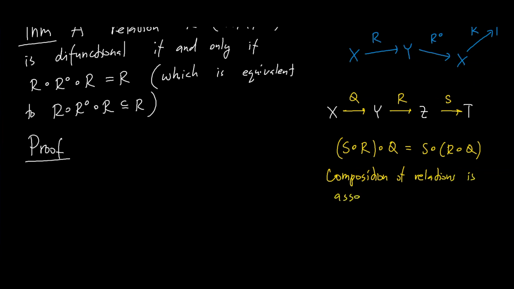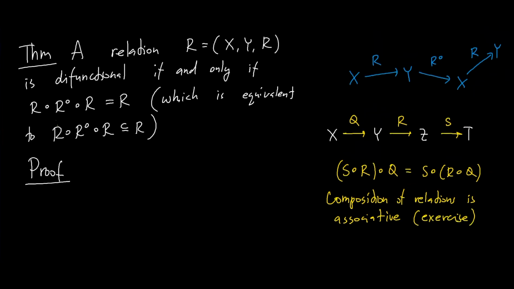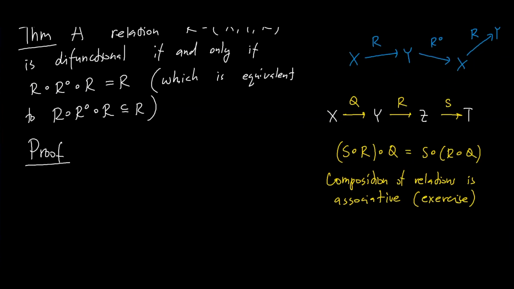I would like to leave this as an exercise for your own exploration. And so that's what this triple composite represents. Because it's associative, it doesn't matter how we put the brackets, so we just don't put the brackets. Okay, but let's still compute what the triple composite is.